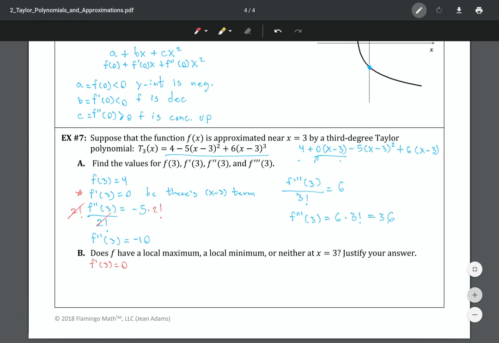Now, what happens in the second derivative? I know that's what you're asking yourself for sure. According to what we wrote on the previous problem, we know that f double prime of 3 is negative 10. Well, who cares? What does the second derivative tell you? It tells you concavity. So because negative 10 is negative, that tells you that you're concave down.